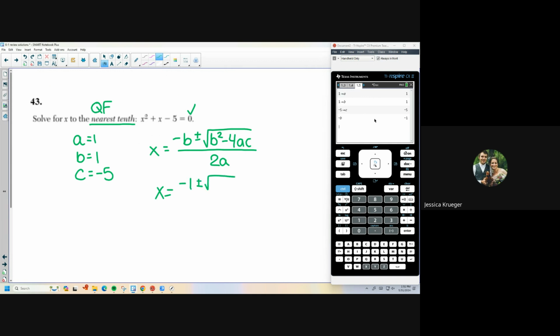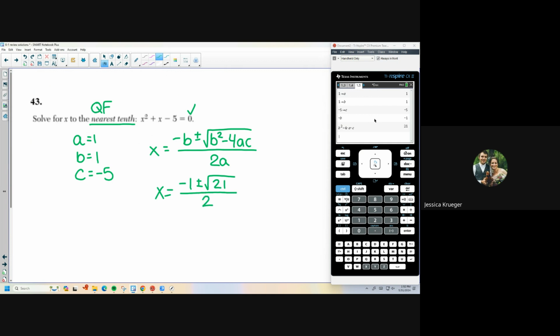Keep the square root. B squared minus 4AC. And Trevor would remind me I've got a multiplication there. Over 2A would be 2.